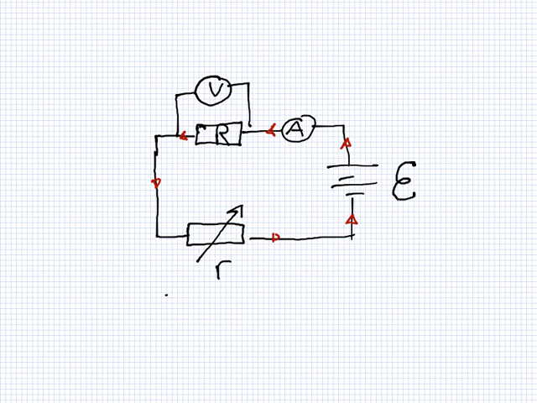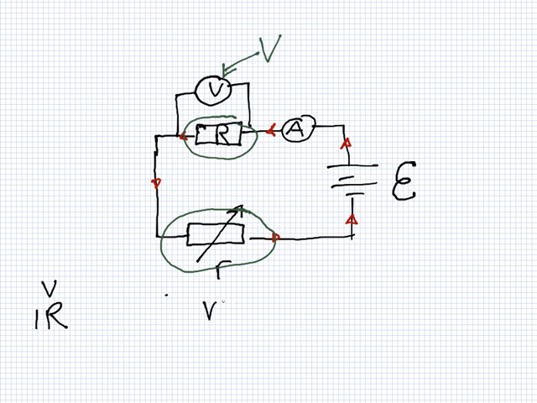Yeah. Now, what's the voltage here? Well, the voltage here is whatever is on the voltmeter, which we'll call V. And the voltage here, do we know it? No, we don't. We know the R though, and we can use this V = IR. So we can say the voltage here would be Ir.